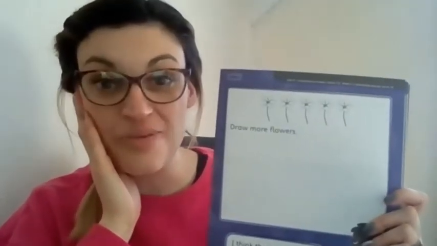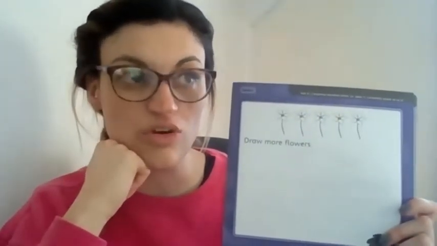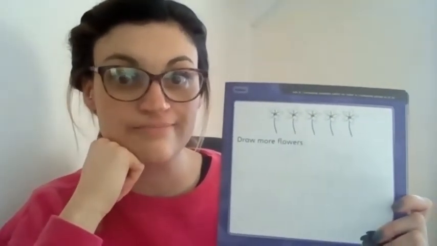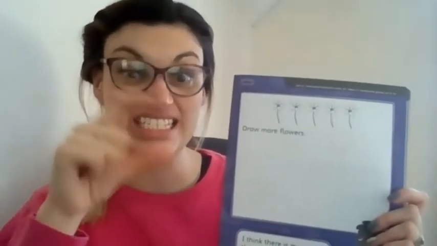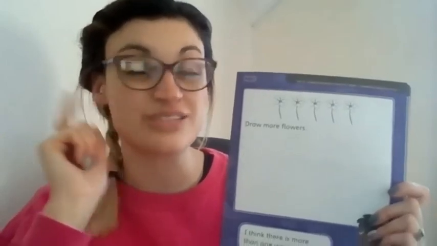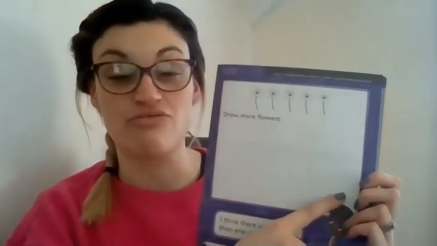So I wonder how many flowers you will draw today. And it says at the bottom, does it matter if your flowers are all the same size or if they're slightly different? It doesn't, does it? Not at all, as long as we can see each separate flower so we can count them. My last challenge is, once you've had a go at drawing your flowers, in the corner I would like you to have a go at writing the number.